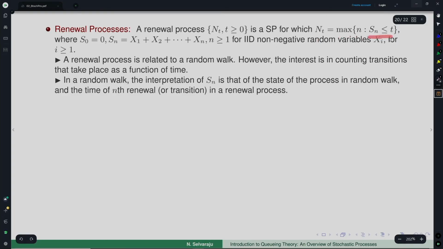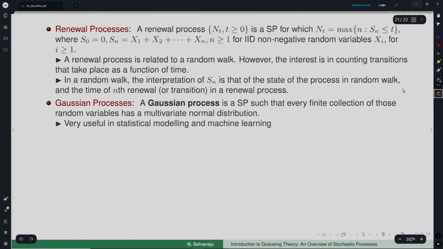We are looking at the number of events that have happened by time t. So you define Nt to be the maximum of n such that Sn is less than or equal to t, and this process Nt is what you call a renewal process. That is the difference in interpretation between a random walk and a renewal process.